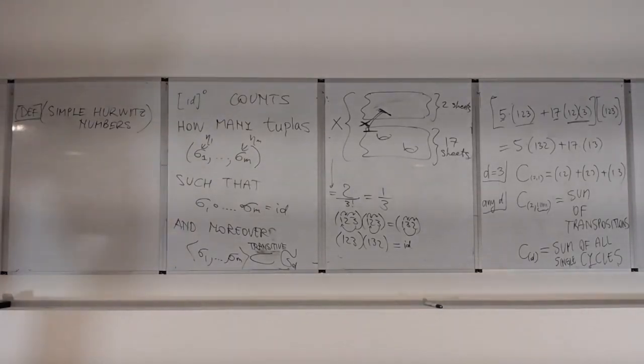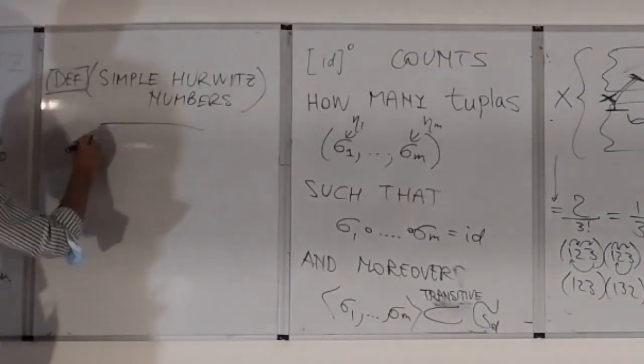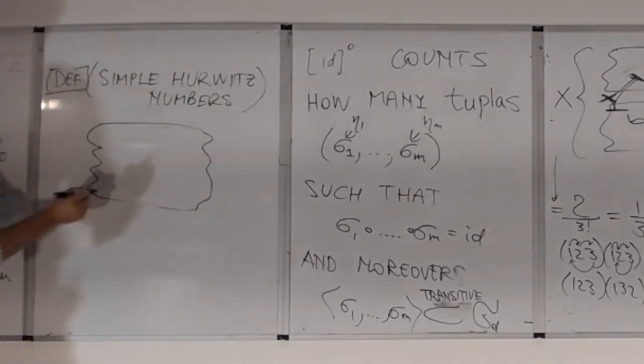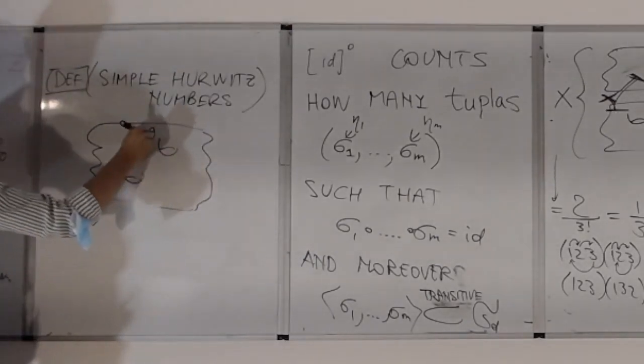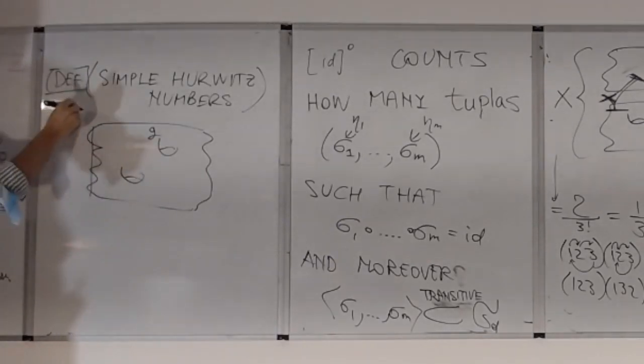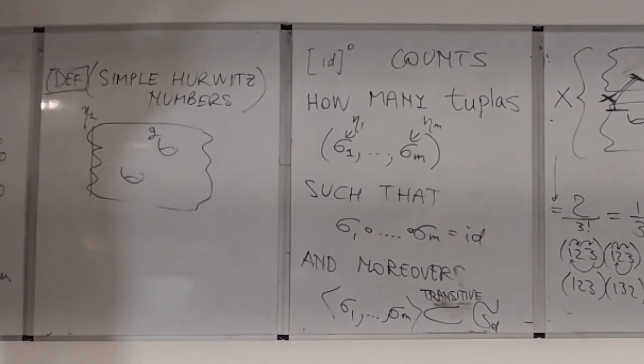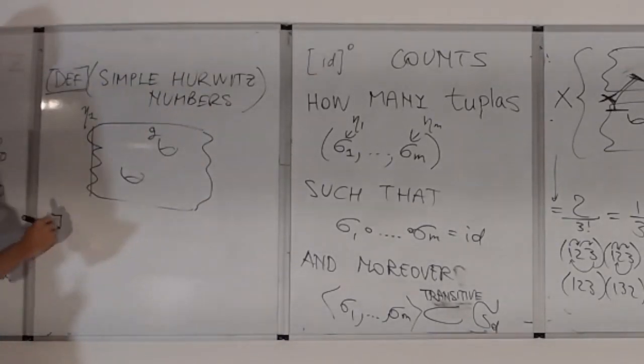So simple Hurwitz numbers are like that. Basically, what you want is genus g, and here you have this eta 1, and that's it.